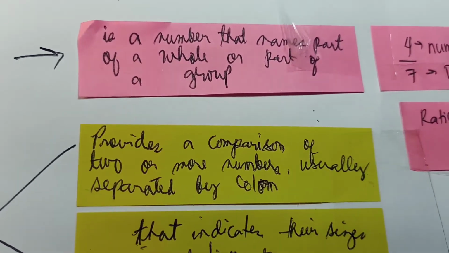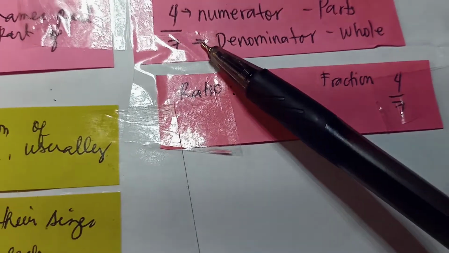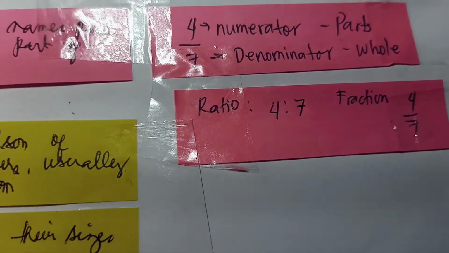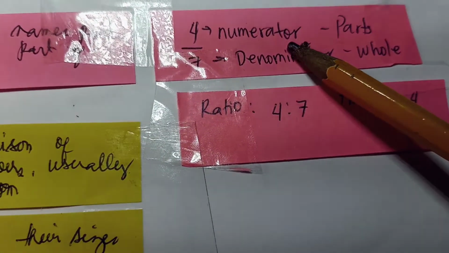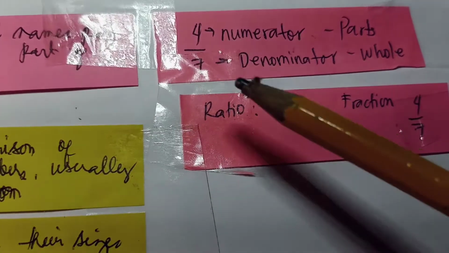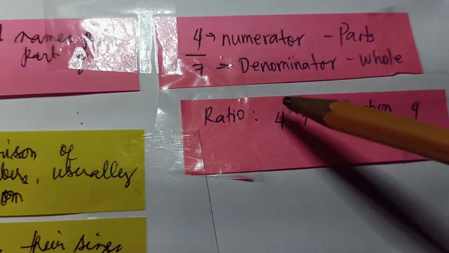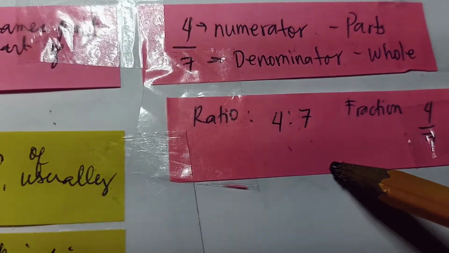And as we said earlier, fraction 4 over 7 can be converted into ratio. But how? First, the numerator is the antecedent, the first number, 4. So write first the 4, and using the colon, write the second number, the denominator. So that is the ratio.